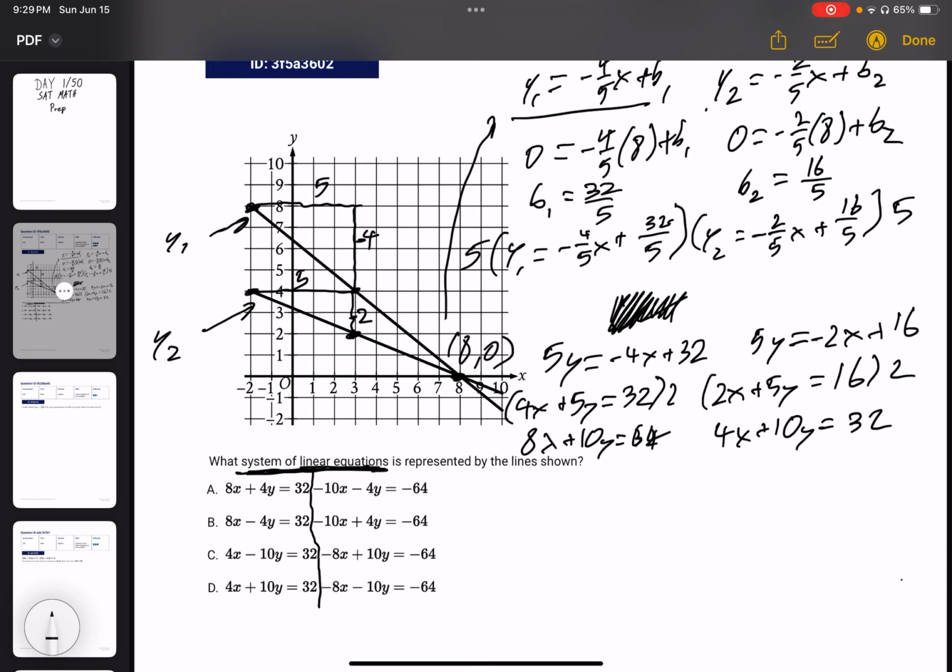So now we can look. I'm pretty sure this equation is going to be on the leftmost side. And if we look at D, that matches up perfectly. And now we just need the right equation.